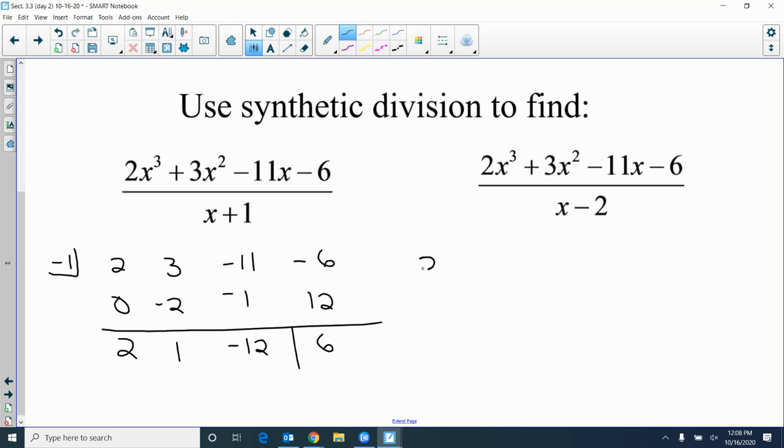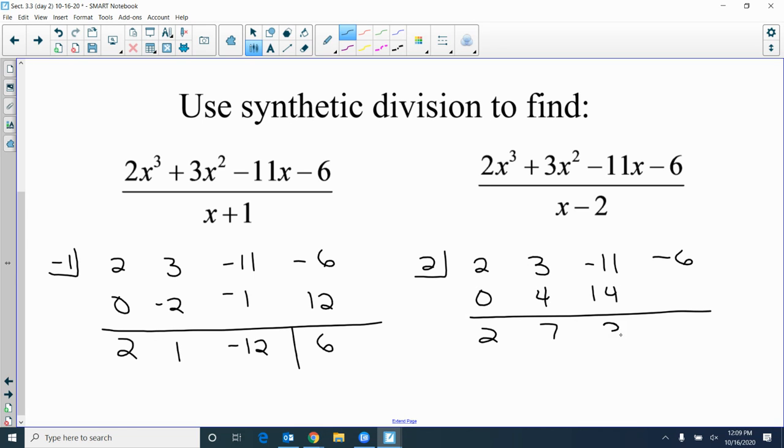And we'll have a 2 to the side. And so I get 2 times 2 is 4. 3 plus 4 is 7. 7 times 2 is 14. 3 times 2 is 6.